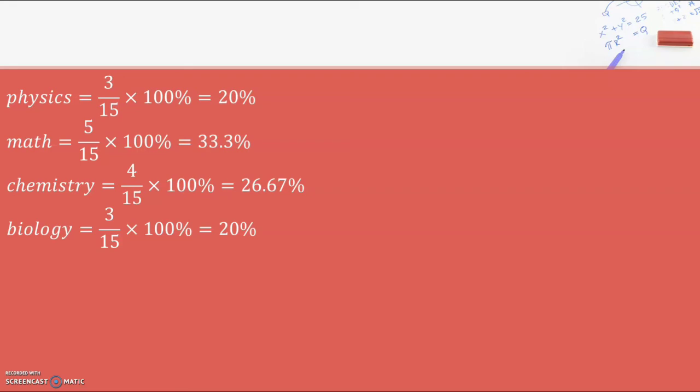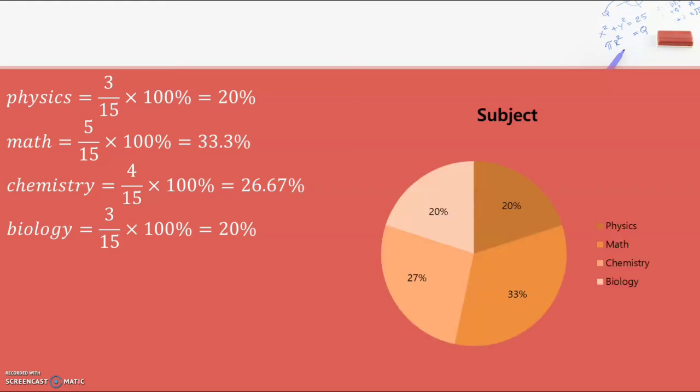Biology equals 3 divided by 15 times 100% equals 20%. So if you put it in the pie chart, it will be like this. Physics 20%, Math 33.3%, Chemistry 27%, and Biology 20%.